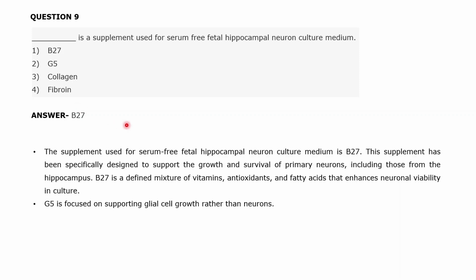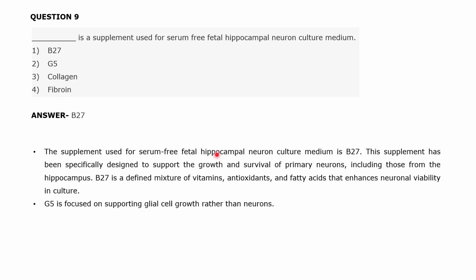B27 is a defined media. It's not like a rich media as compared to media where serum is present. It's not similar to L15 media or DMEM, Dulbecco's Modified Eagle's Medium.